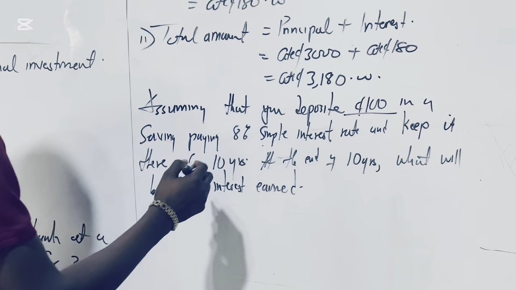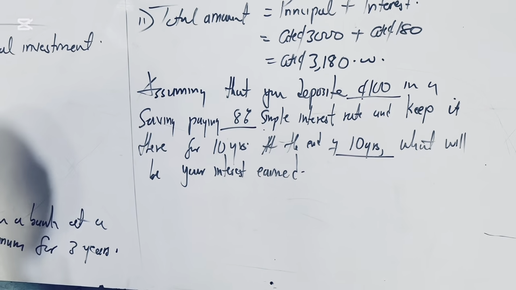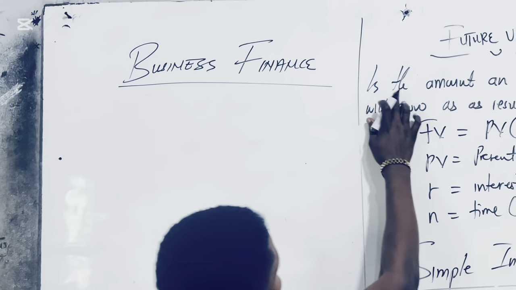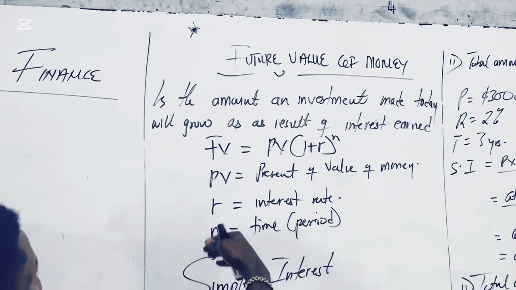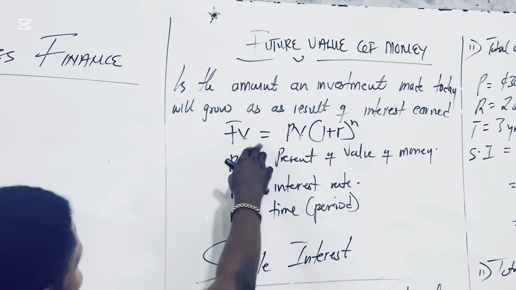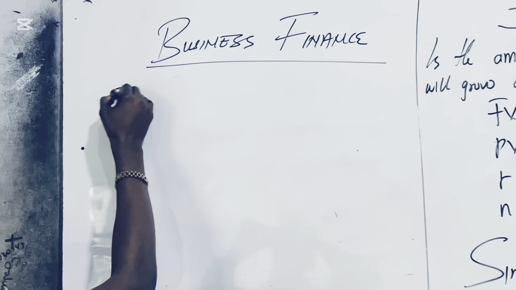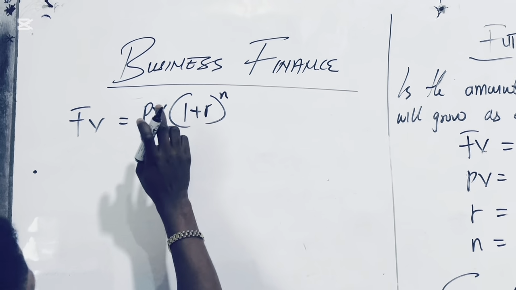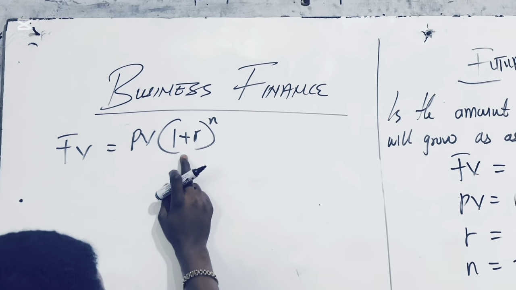You have your principal, you have your rate, and then you have your time. So you substitute it into the future value of money. Remember we said the future value is the amount an investment made today, the money you set aside, will grow to as a result of interest over N. And the formula for future value is FV equals PV times 1 plus r raised to the power n, where PV is your present value, and then your r is expressed as a percentage.